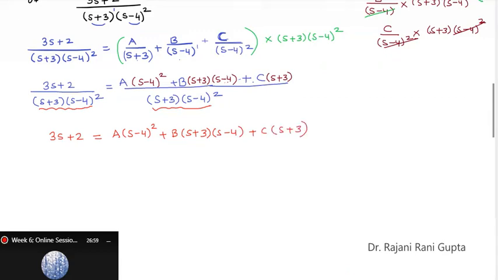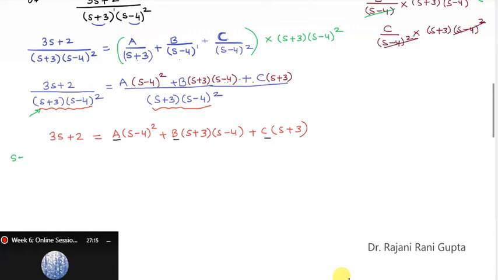Now here we have to find the values of A, B and C. Three constants means we should substitute three different values of s. As I explained before, we get these values from the denominator.